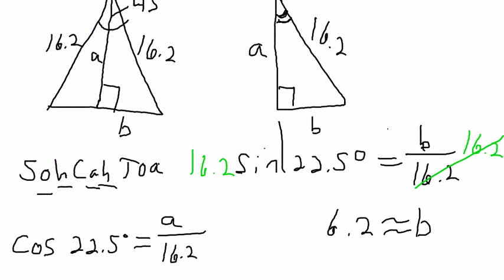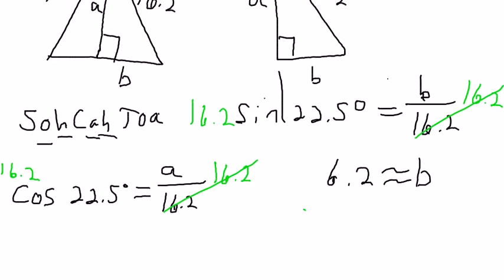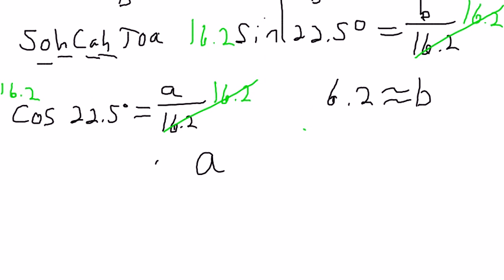And we're going to do the same thing that we did: multiply both sides by 16.2. And so then we will have A by itself, and I'll type into my calculator 16.2 times cosine 22.5, and I get 14.96, so that would round to one decimal to 15.0.